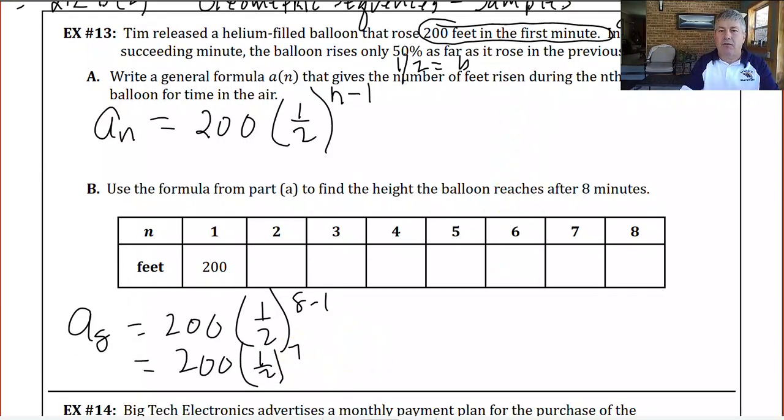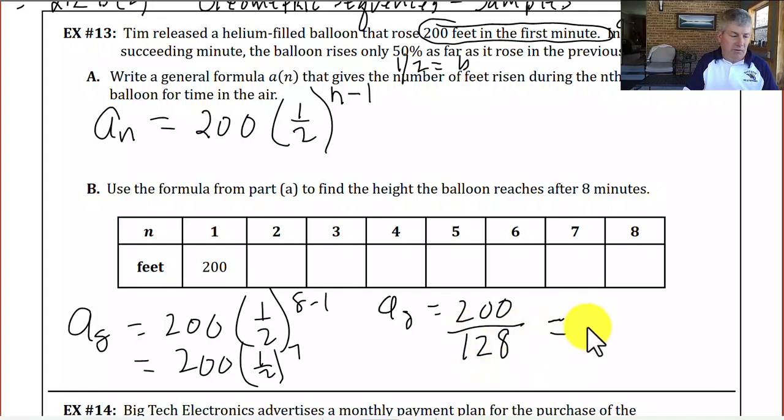And 1/2 to the 7th power is 1 over 128. So A sub 8 equals 200 over 128, which simplifies to 1.5625.